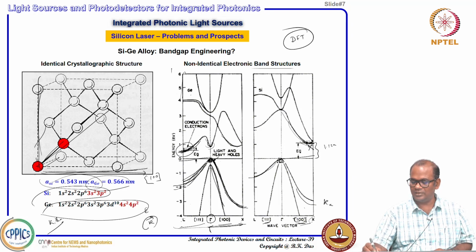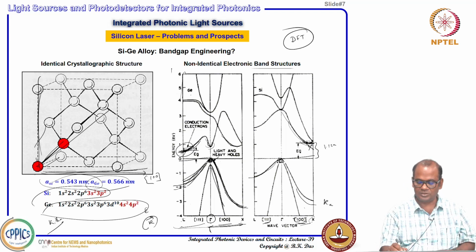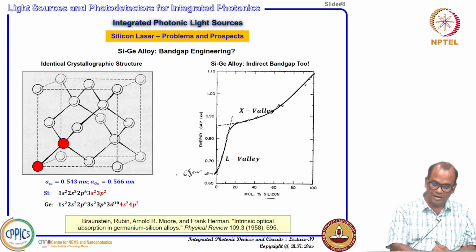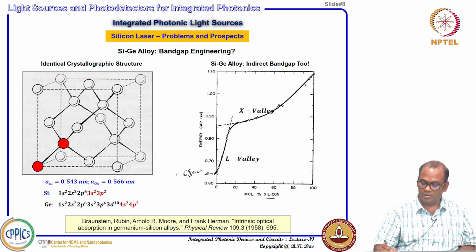This is called the X value, the bottom of the conduction band, and this is the L value of the conduction band. That is the reason you see initially your band gap is increasing, but with a certain slope, and at this point what is happening is a confused state.